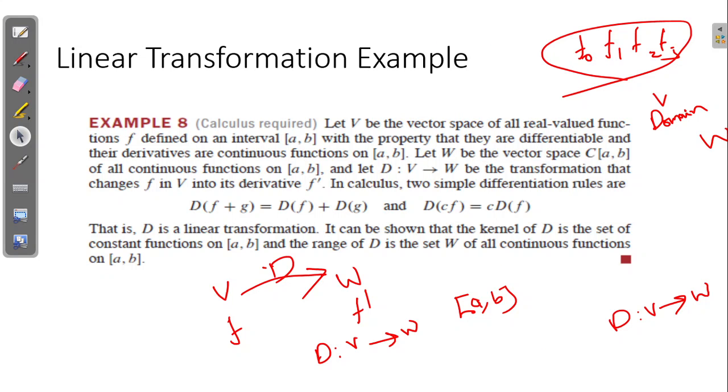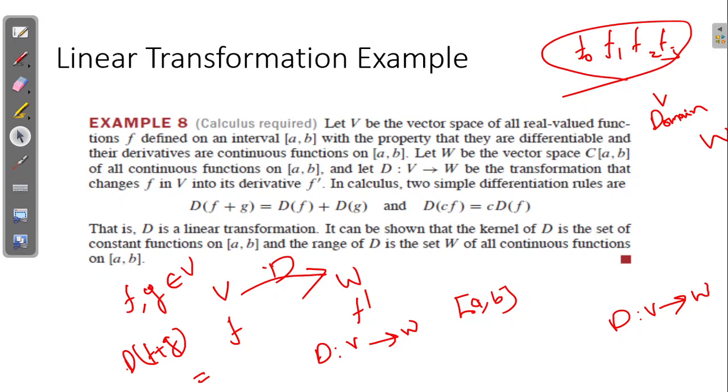So I'm taking f and g which belong to V. Now I'm applying my transformation on this f plus g, and I get D of f plus g. The transformation is defined as the derivative of f.